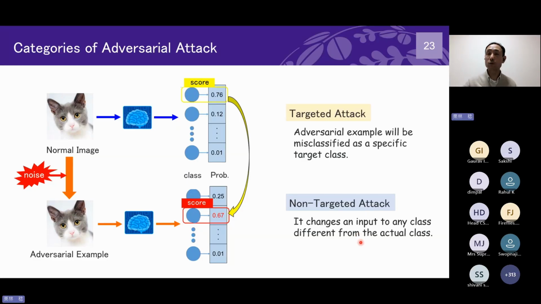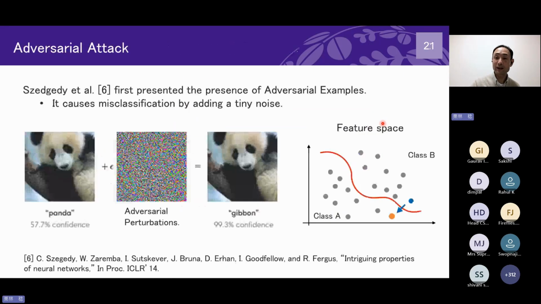In DNA fingerprinting, it is suitable to use the targeted attack because it is very easy to manage the decision boundary. So class A and class B. This is the decision boundary, and this is the input image of the original class.